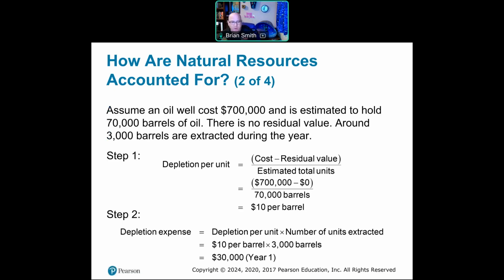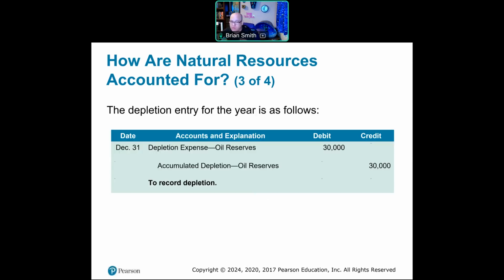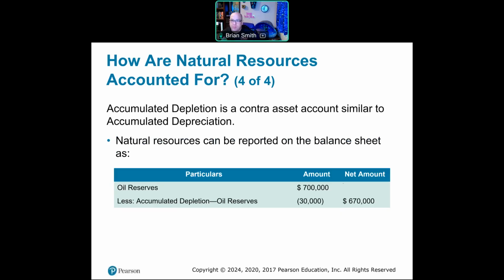So we come up with our per unit rate that we expect to get out of the total amount of this natural resource, and then however many we pull out, we multiply it by that rate. Okay, and then we just do the same journal entry, except instead of depreciation expense, it's depletion expense, and instead of accumulated depreciation, it's accumulated depletion. Okay, so it really isn't all that big of a deal.